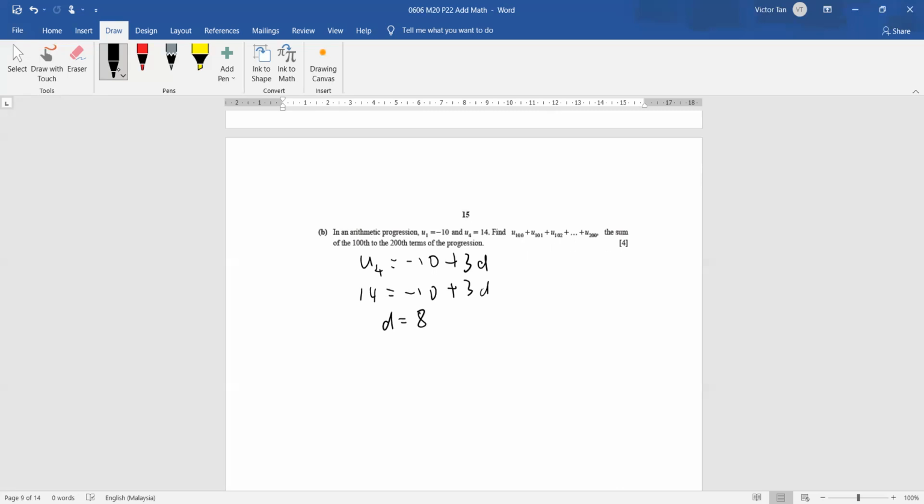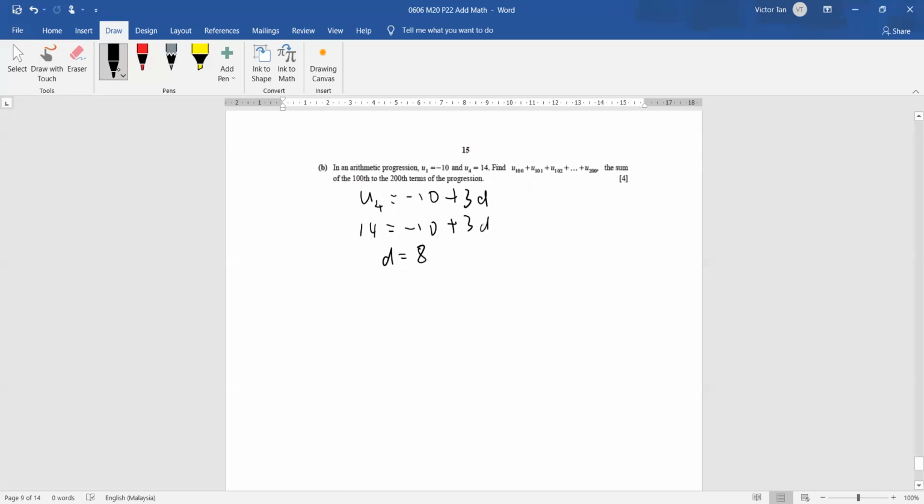What I'm going to do is use u100 as the first term. So u100 equals minus 10 plus 99 times 8. It's all very big values. So it is 782. In this arithmetic progression, from the 100th to the 200th term, there are a total of 101 terms.